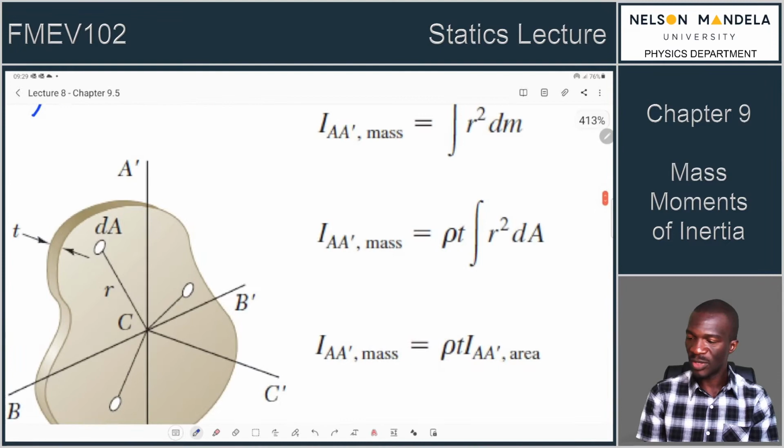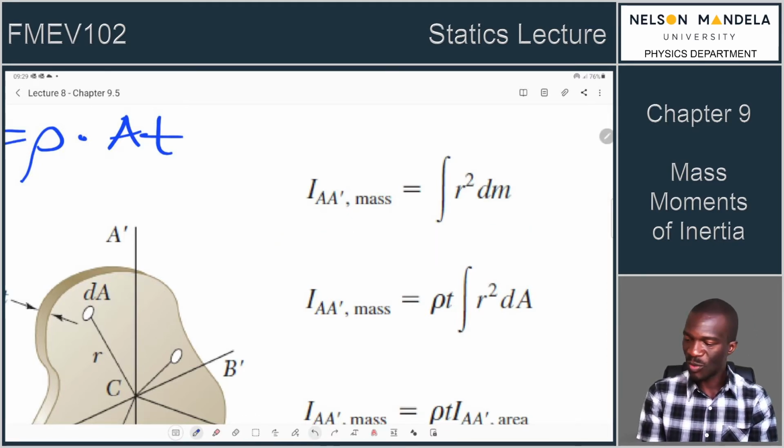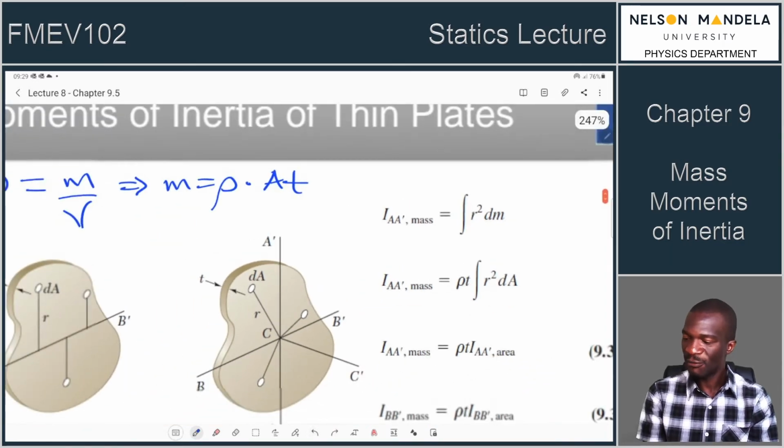Now, if we would like to calculate the mass moment of this thin plate about the A prime axis, it's obvious that we would need the distance to that A prime axis. For what? For some small mass element.